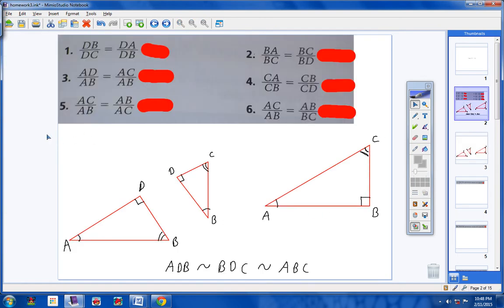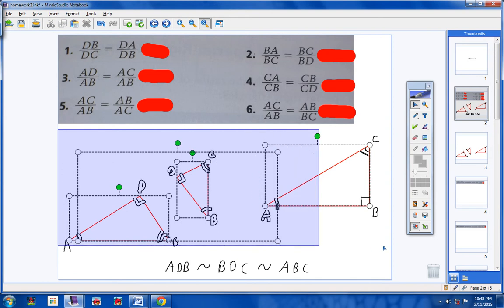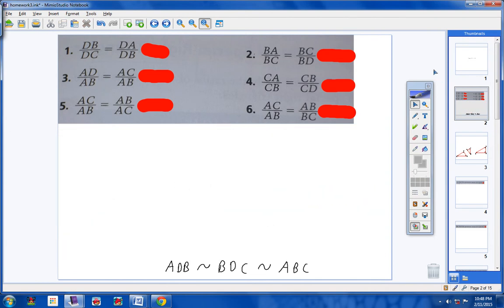Alright, now, looking at my similarity statements, watch what I can do here, guys. Using my similarity statements here, let's see, I have DB over BC. So DB over BC, that works. We have DB over BC equals DA, the first 2, over, oh no we don't, they've got it backwards, okay.